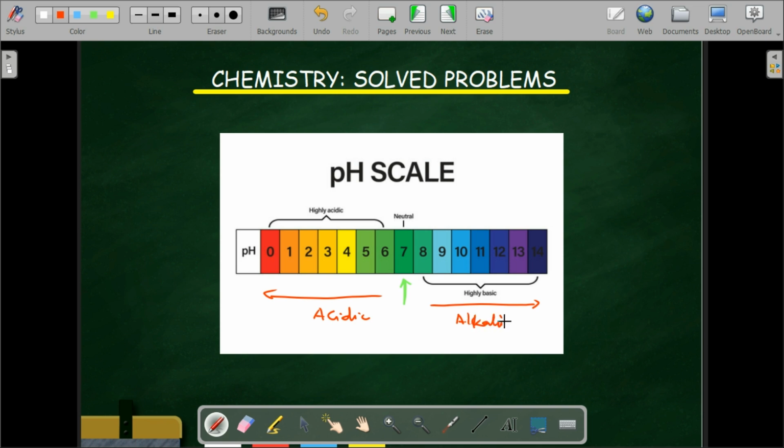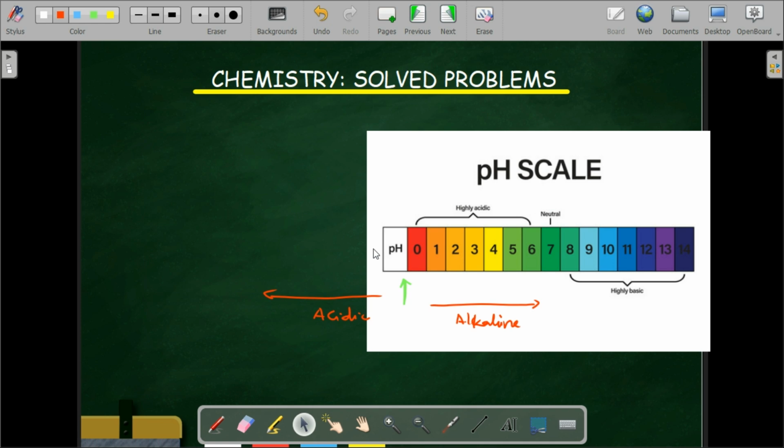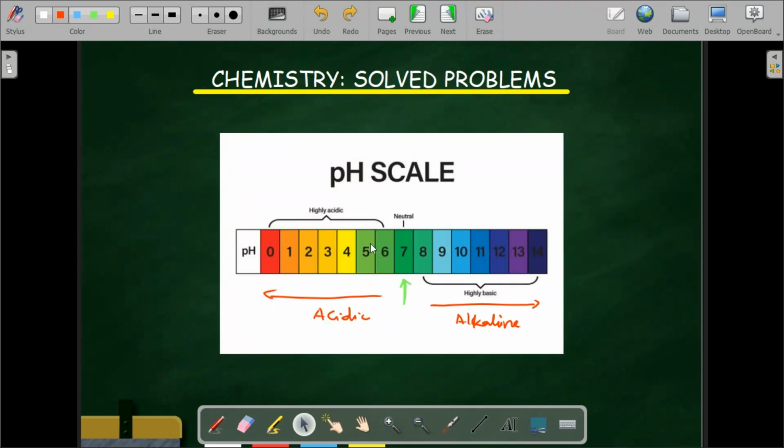Now, how do we calculate the pH of a substance with known concentration?